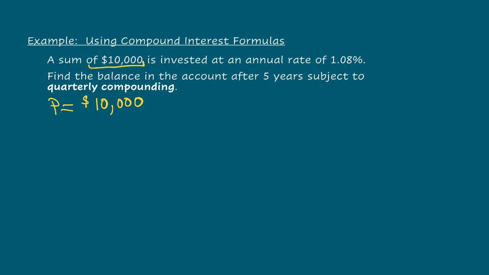So we want to use the first formula, A equals P times 1 plus r over n, raised to the nt. Our rate in decimal form, even though it has a decimal in it, that is not decimal form. Decimal form means take it out of percentage form.